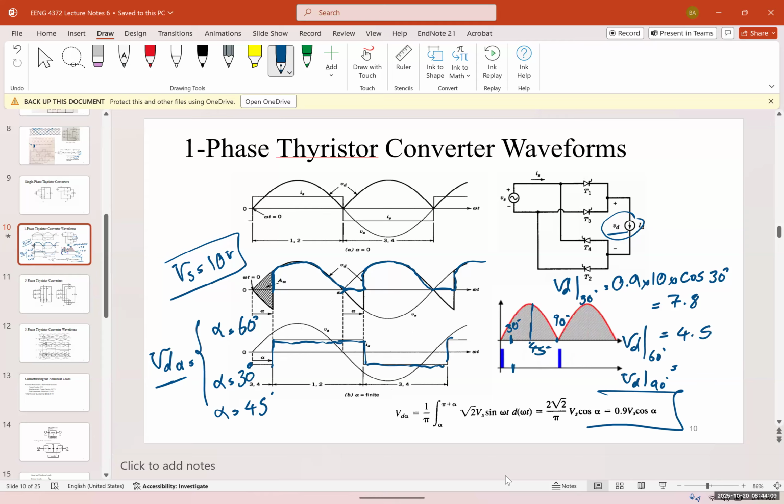And what about 45 degrees? 6.4. So you can see that at 30 degrees, it's at max. And then we have the middle, 6.4, and then 4.5 at 60 degrees. Okay. Is this clear, or do you want me to explain it? Clear? Yes? Okay. Can I go to the next slide?